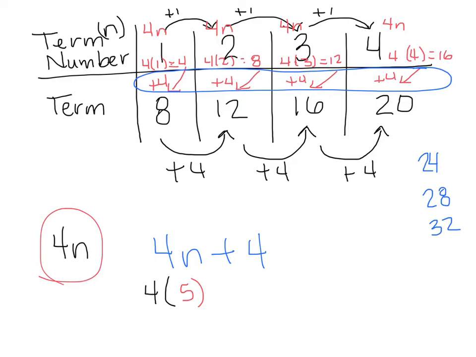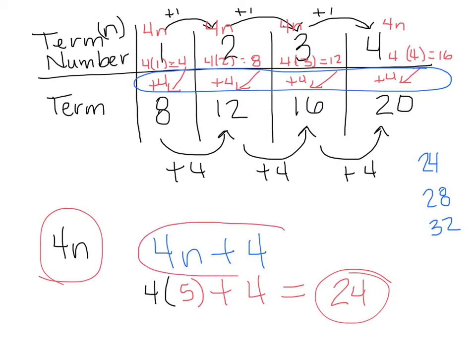So 4 times the 5 plus 4. Does that give me 24? It does. So I know that this expression is correct where this one would not be.